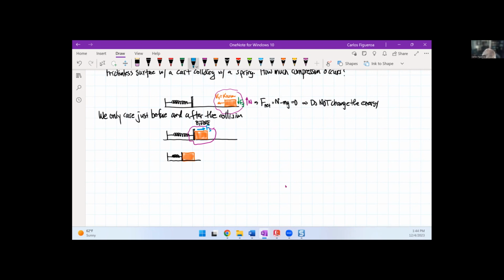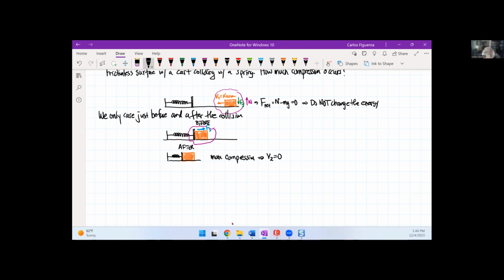Gravity and the normal are not going to contribute. The spring force will take all its work and convert it into spring potential energy. So this is what I have afterwards. If we want maximum compression, that means its final speed should be 0.